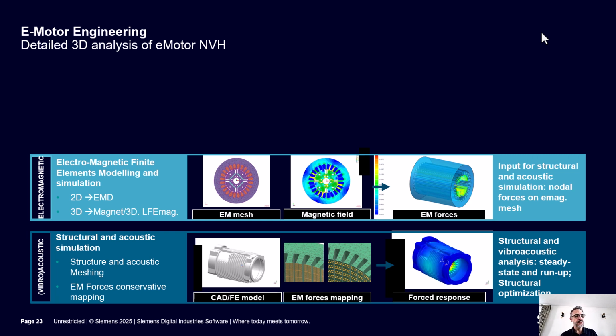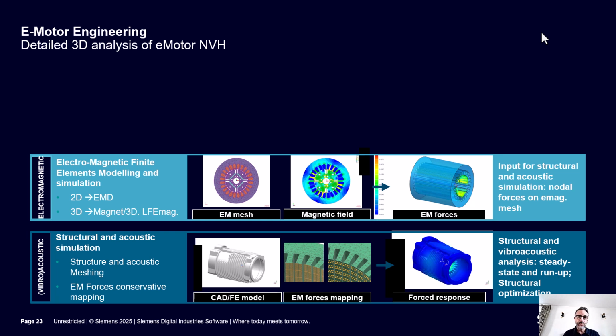One important thing here is to have a good representation of the e-motor structure. Indeed, the electrical motor is typically a nonlinear structure and not, let's say, a very easy structure to model with a finite element linear solution.